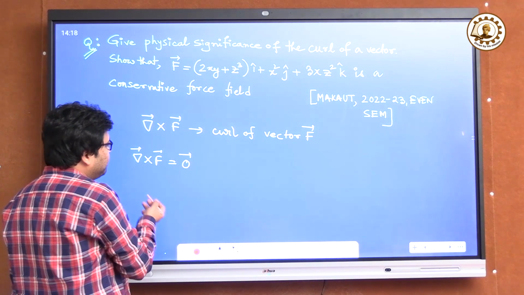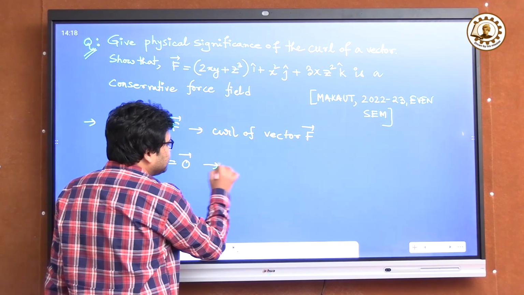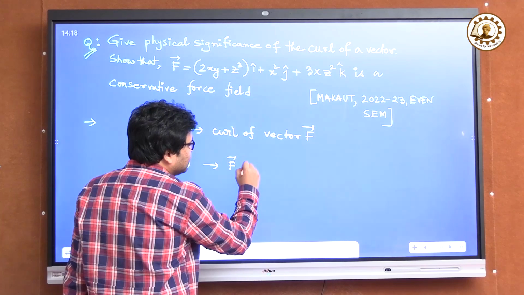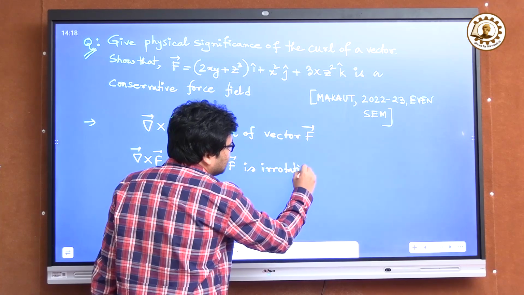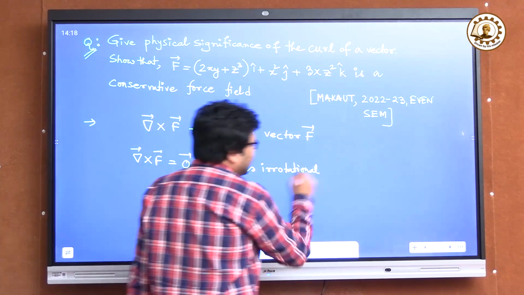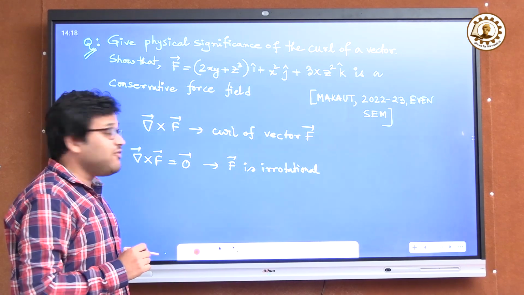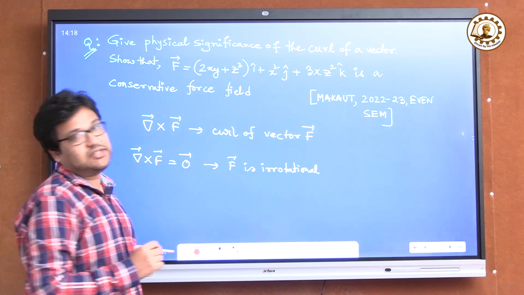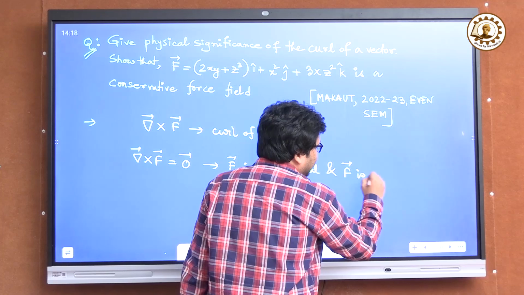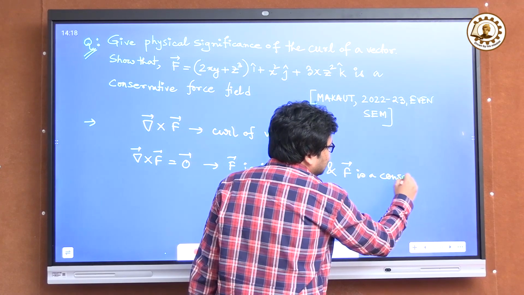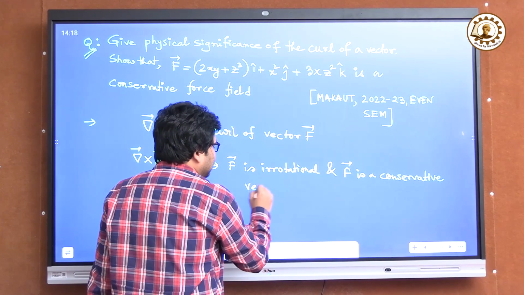If curl of F is 0, then it represents that F vector is irrotational. It also signifies that F vector is a conservative vector field.